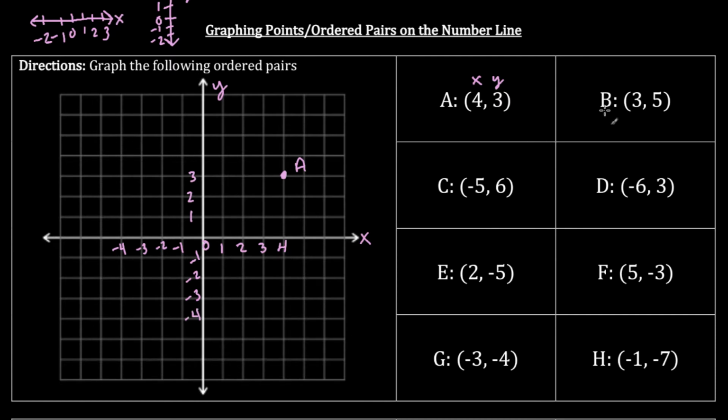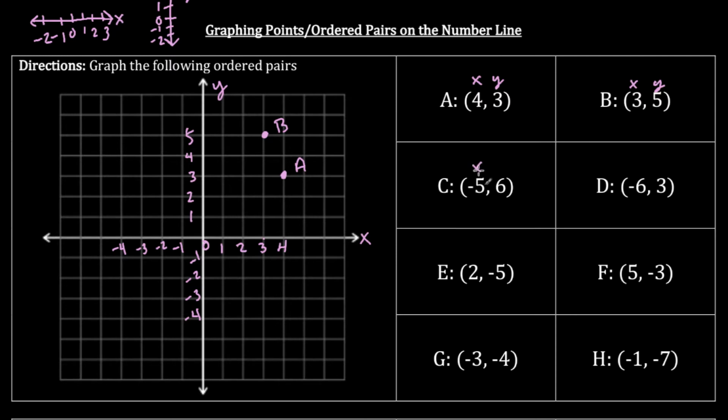So let's look for B. B is +3, +5. So x-axis, y-axis. So my x-coordinate is 3. My y-coordinate is 5. 1, 2, 3, 4, 5.